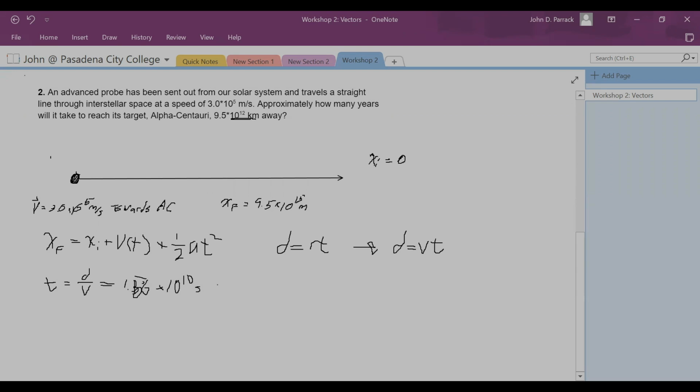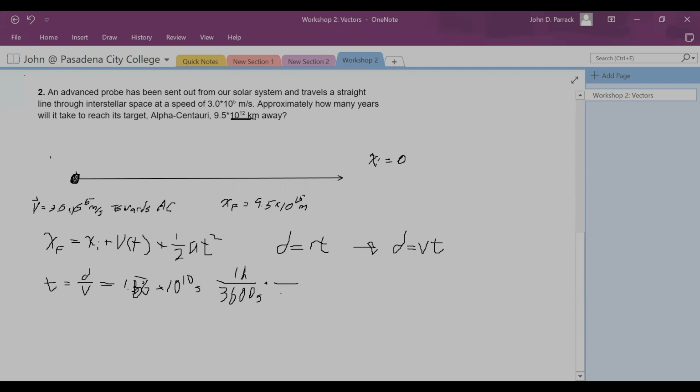And I know that there are 3,600 seconds in 1 hour. This is the same thing as saying there are 60 seconds in 1 minute and 60 minutes in 1 hour. 60 times 60, 3,600.